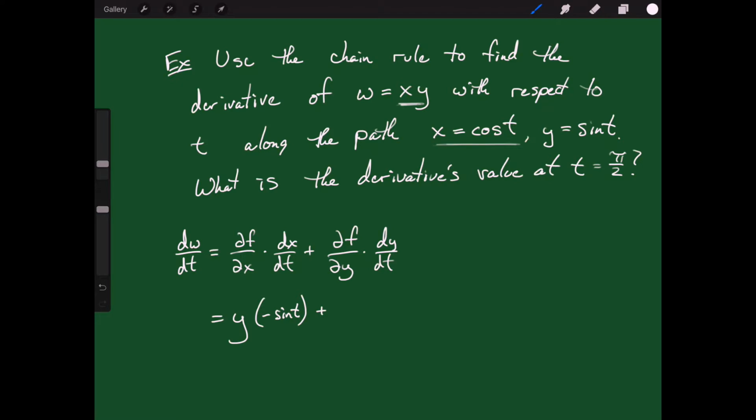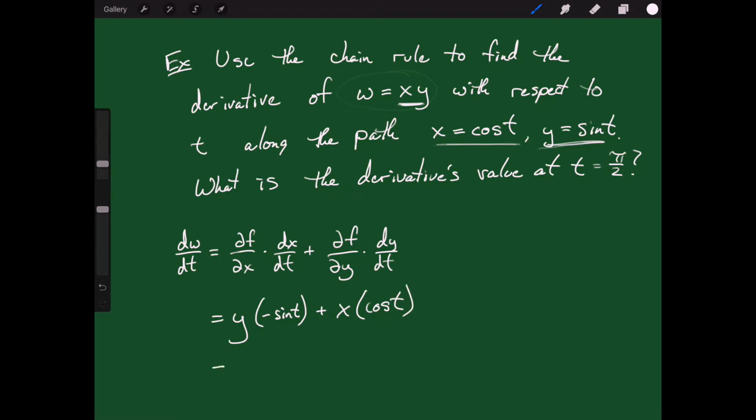Plus the derivative of f now with respect to y, so we're back up here again, and the derivative of the function with respect to y is x, and the derivative of y with respect to t, y is sine of t, and the derivative of sine of t is cosine of t.